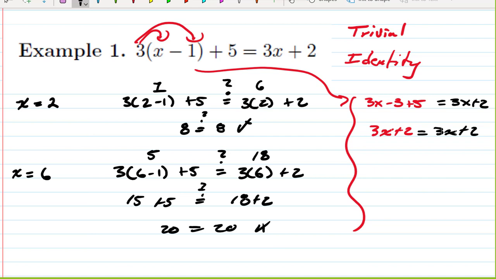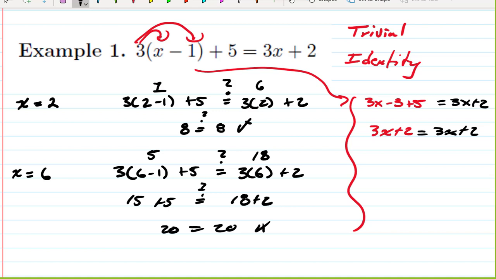So it becomes apparent that no matter what x value I pick, the left-hand side will be the same as the right-hand side. We call this a trivial identity because they are algebraically equivalent. If I distribute that 3 and collect my like terms, aka simplify, both sides of the equation are exactly the same.